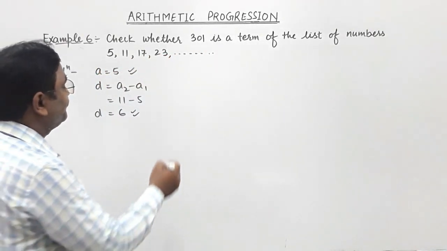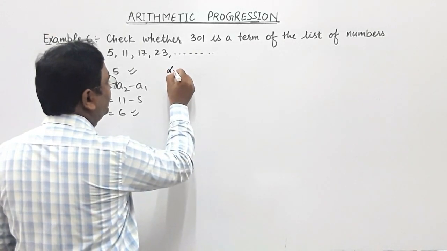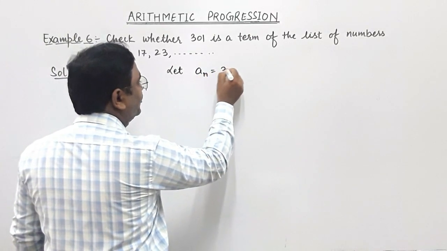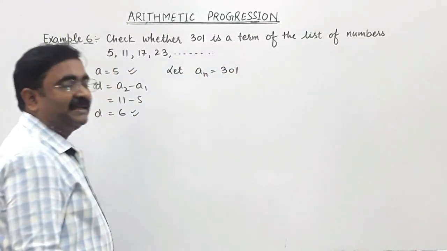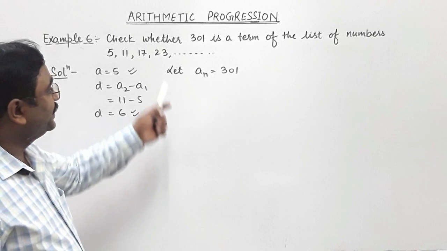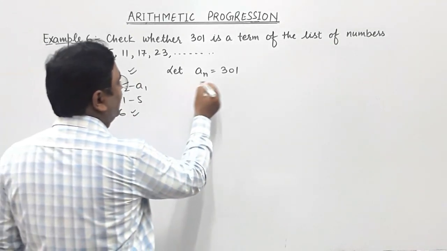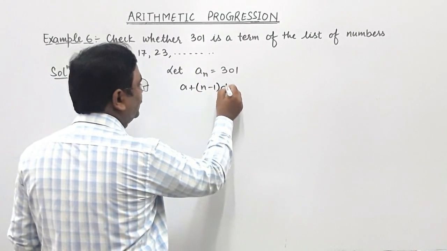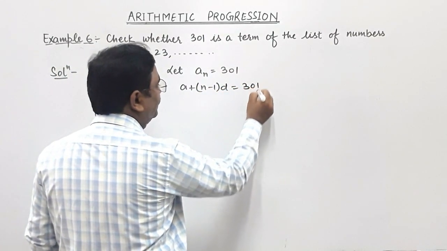So let the nth term of this series be 301. Let us simplify. The nth term is a plus (n minus 1) into d equals 301.